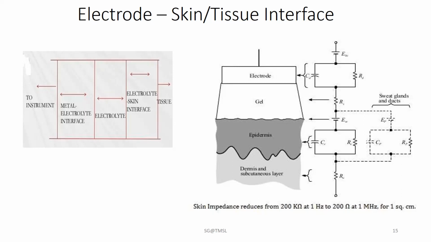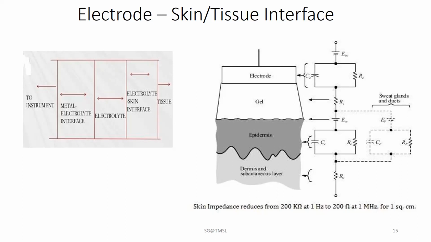Okay, and the fluid which is secreted by these sweat glands contains sodium, potassium, and chlorine ions, and their concentrations differ from those in extracellular fluid. So there must be some potential difference between the lumen of the sweat duct and the dermis and the subcutaneous layers.